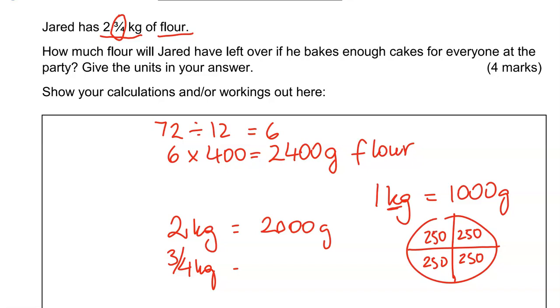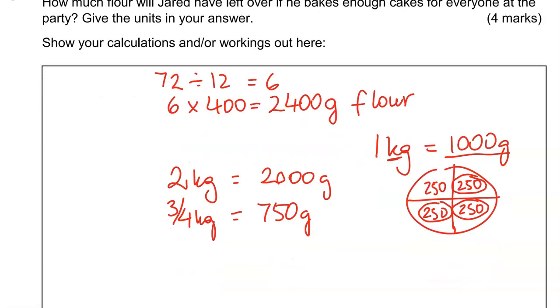So all of these quarters add up to 1,000 grams, which is 1 kilogram. Now we're looking for 3/4. So 3 out of the 4. So 250 and 250 and 250, which gives us 750 grams.